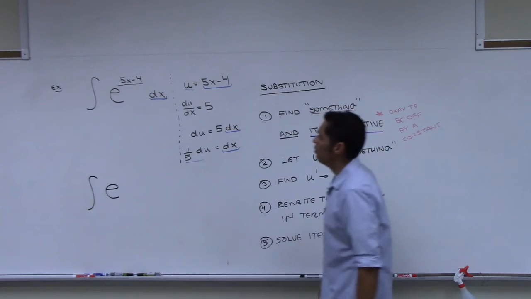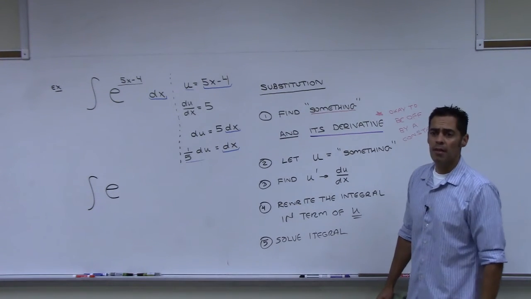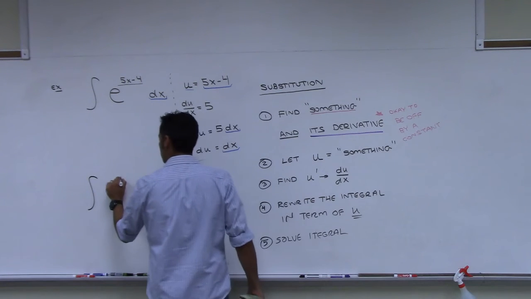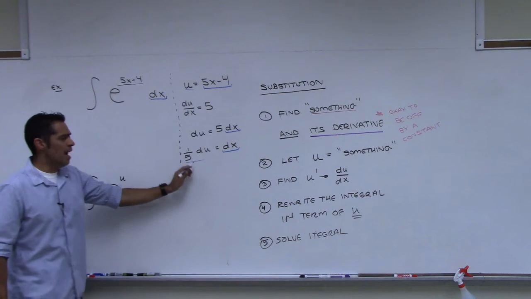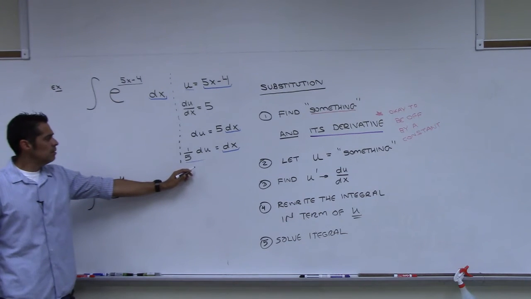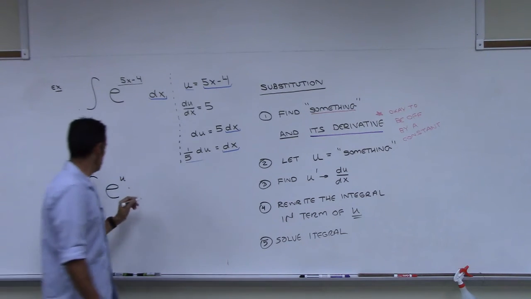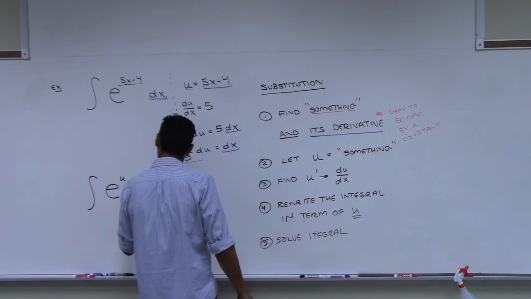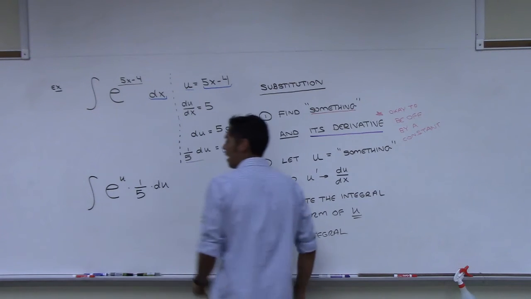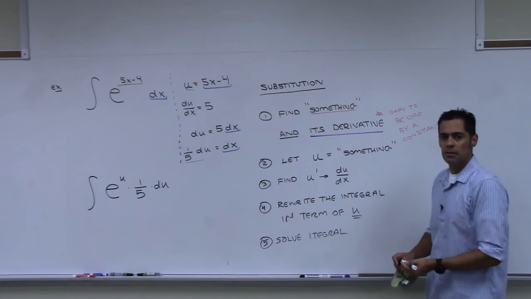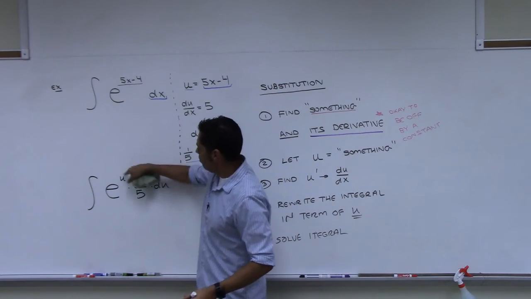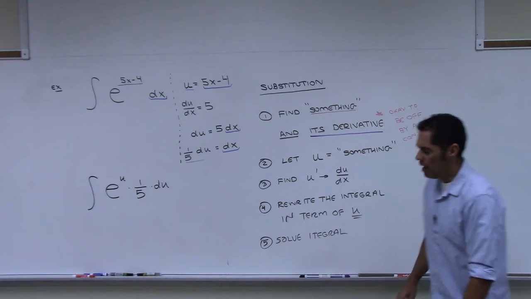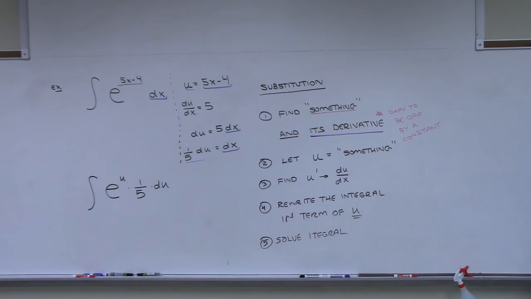What's 5x minus 4 for us? u, right? So it's e raised to the u times dx, but what's dx? 1/5 times du. Y'all okay with that? dx is this. That's u, and so I've rewritten the problem. I have no more x's. Everything's in terms of u.